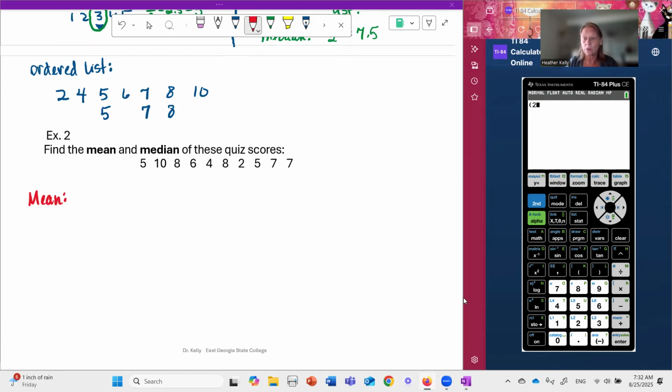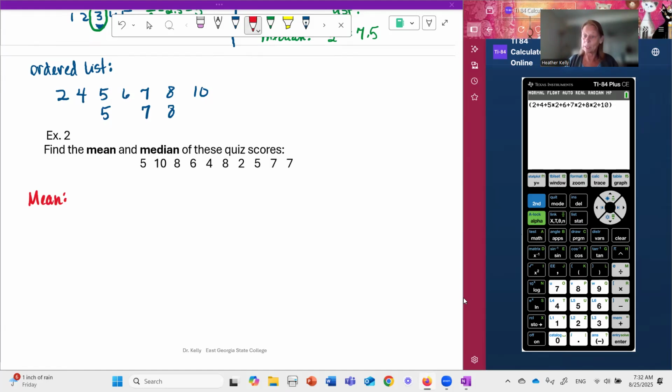I'm going to say 2 plus 4 plus, and watch this, 5 times 2 plus 6 plus 7 times 2 plus 8 times 2 plus 10. And then I'm going to close that parenthesis because that's that whole top. If we were writing that all out, that would be the whole top.